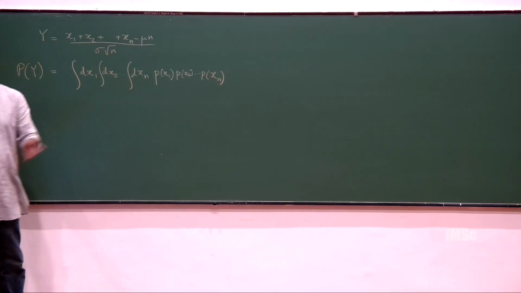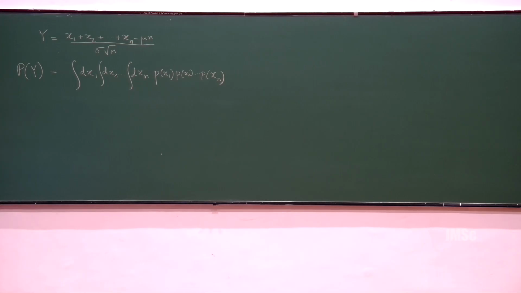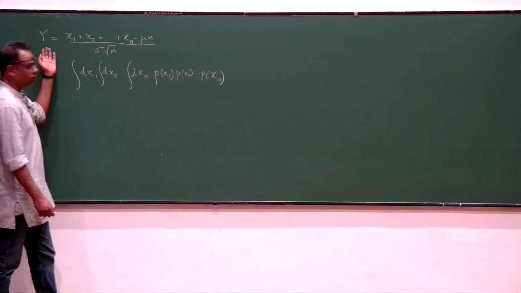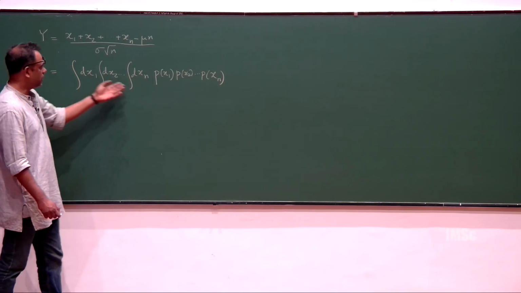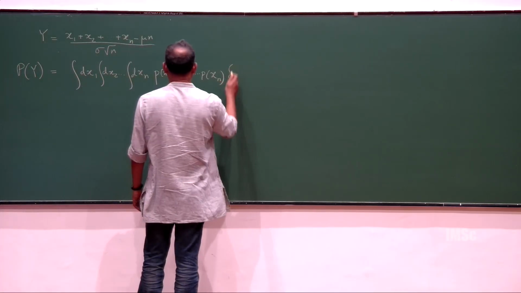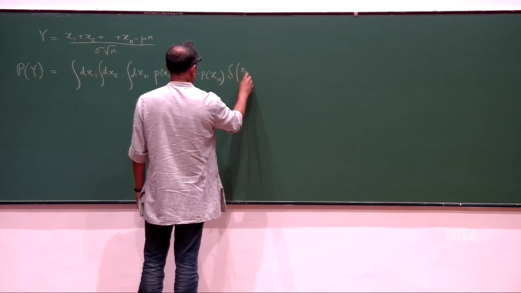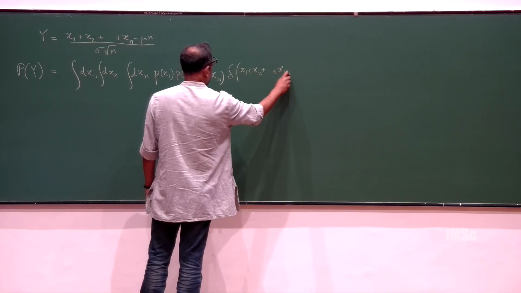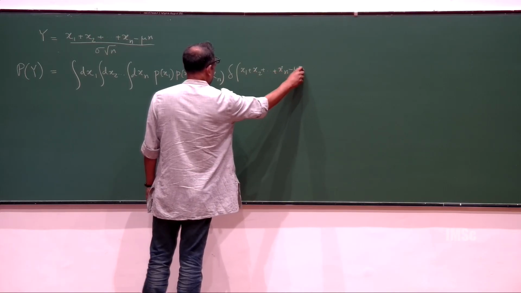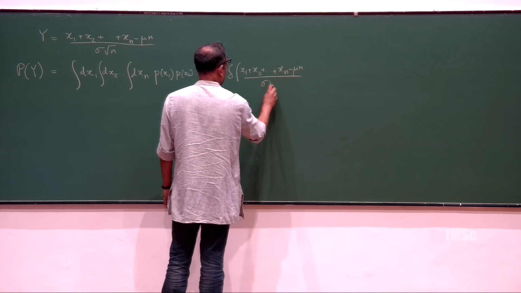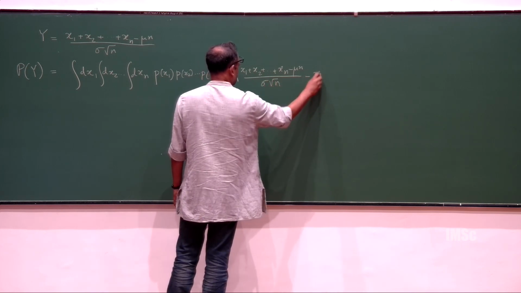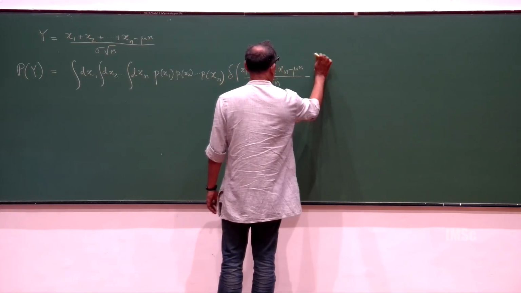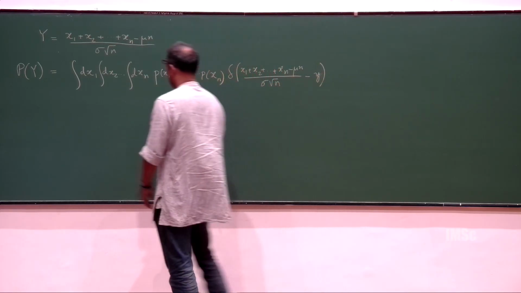They are a product because they are independent. That was our initial condition. But not all values of x1, x2, xn lead to y. So when I do this integral, I have to put a delta function, delta of the sum minus y. Let me use small y, that is easier.